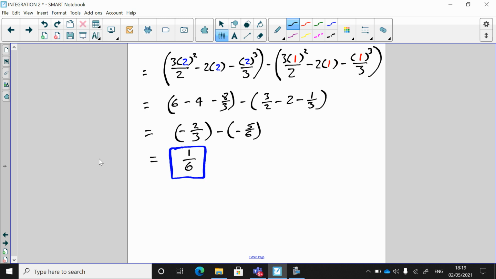So 1/6 units squared, whatever it was, that's nothing. So I just need to emphasize that, because we're dealing with some kind of area here, so we just need to have it as units squared.